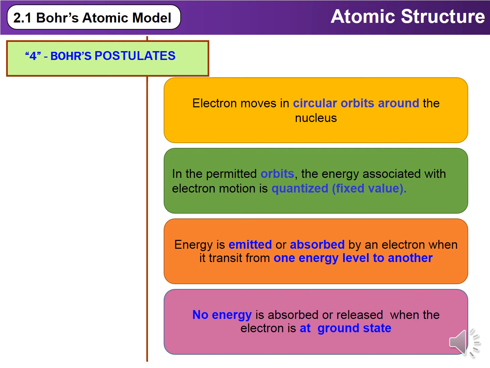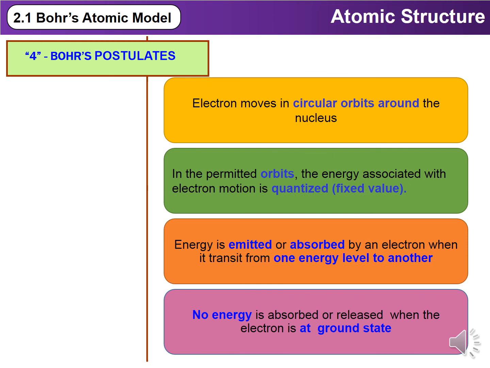Emit energy means throw out the energy. So the sign for energy will be negative. When it throws out the energy, your delta E will be negative. That means energy is given off, and it can be in the form of light.